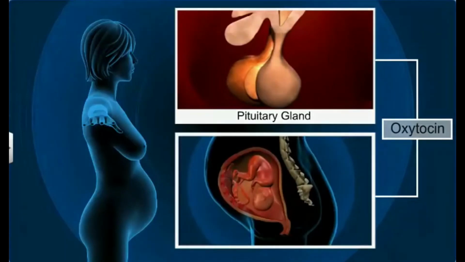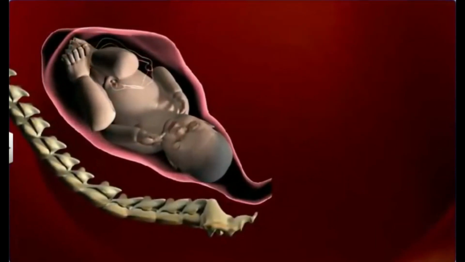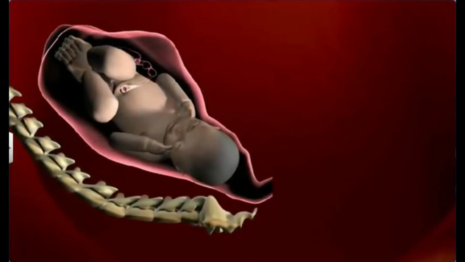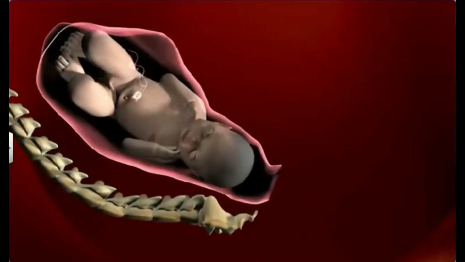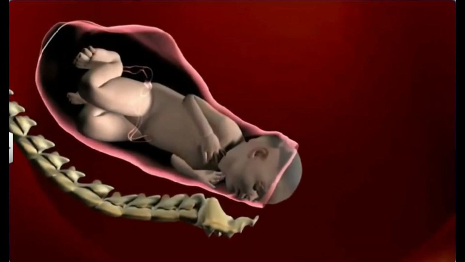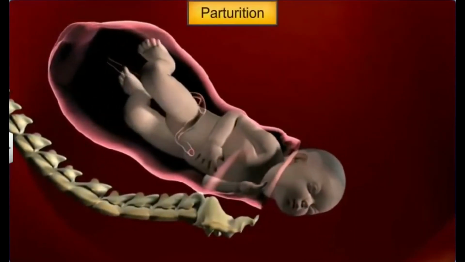The simultaneous uterine contractions and oxytocin release make the contractions stronger with every passing minute and ultimately result in the expulsion of the baby from the mother's uterus. This process of delivery of the fetus is called parturition.